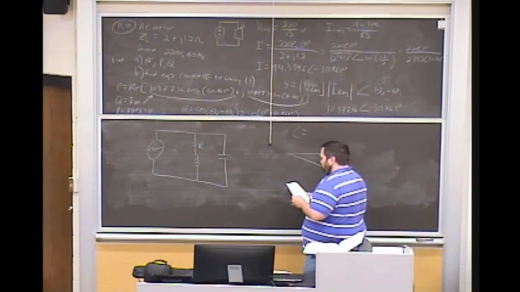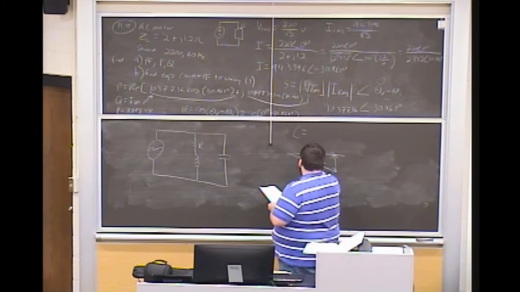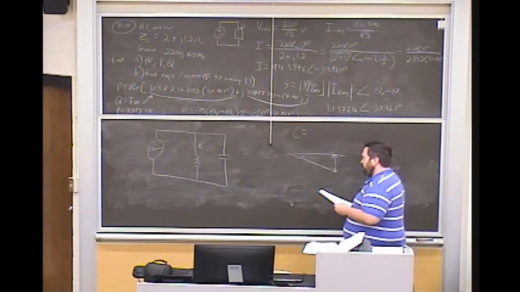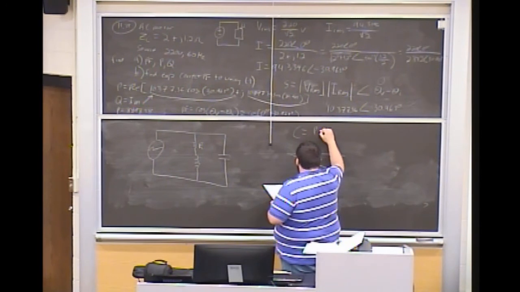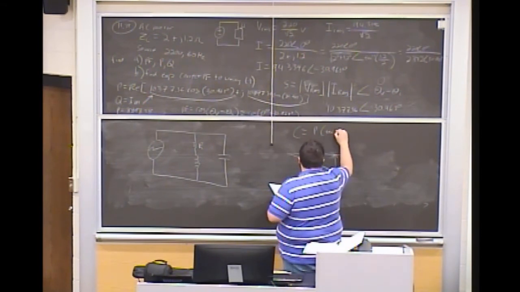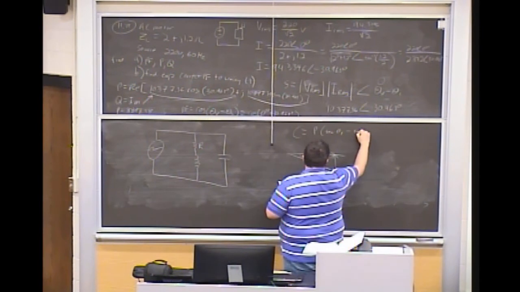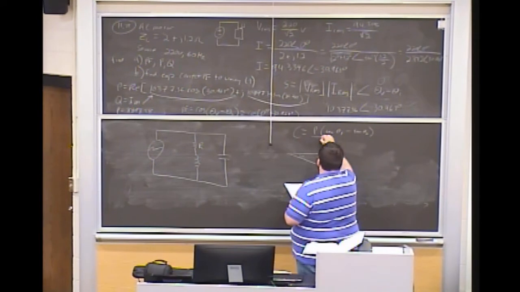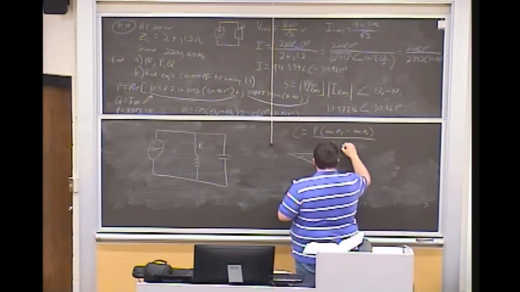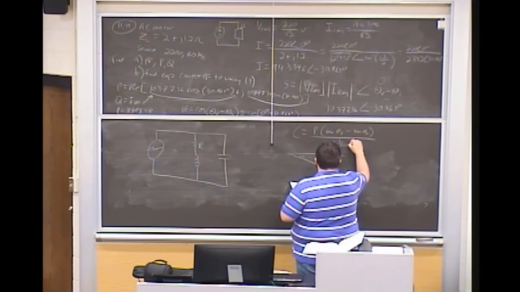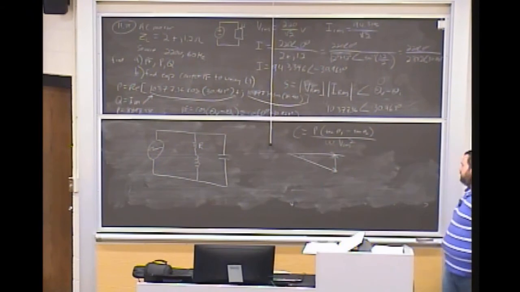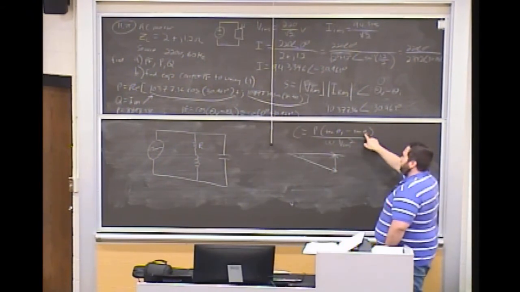If you want to go from some angle, right now theta 1 is where you currently are, to where you want to be, theta 2, then you can pick a capacitor as C = P times (tangent theta 1 minus tangent theta 2), divided by omega times V RMS squared. That's ultimately what you want to choose to get to an angle theta.